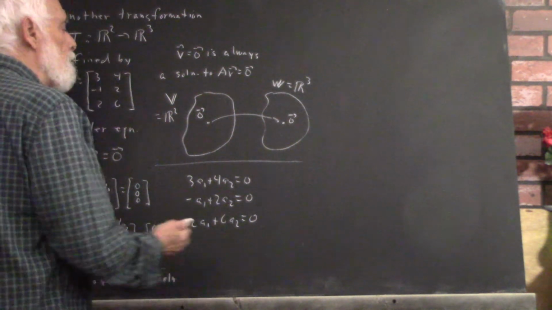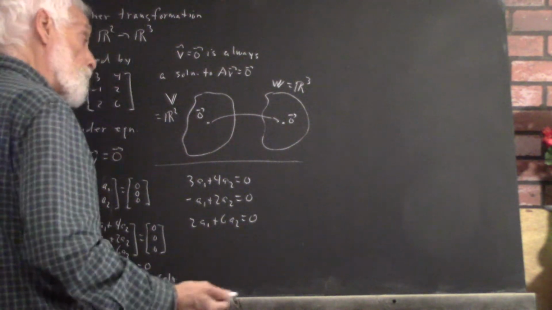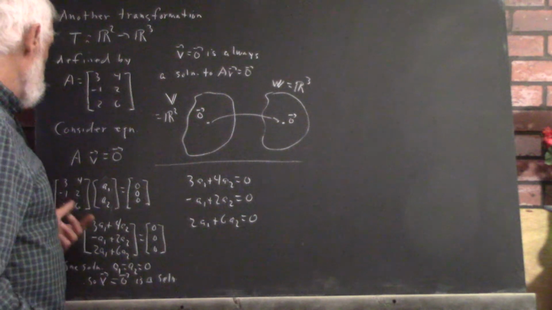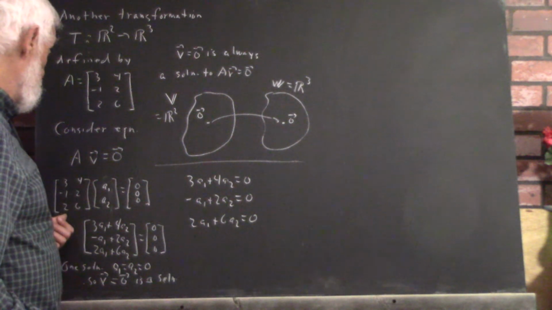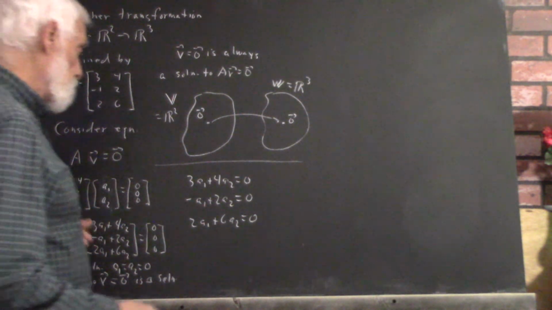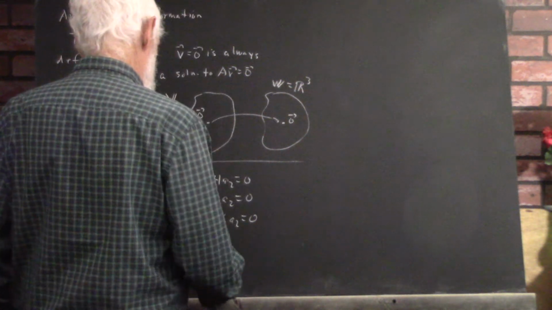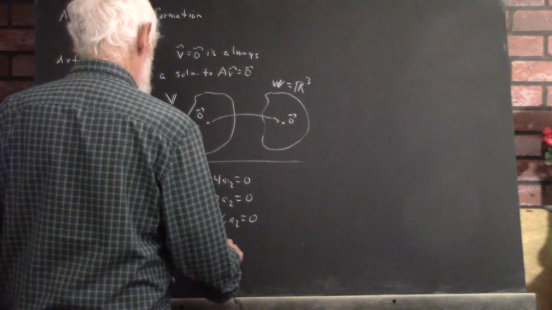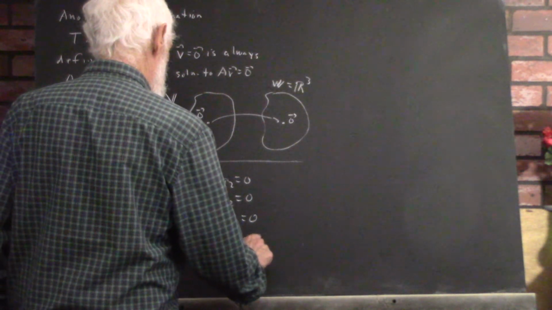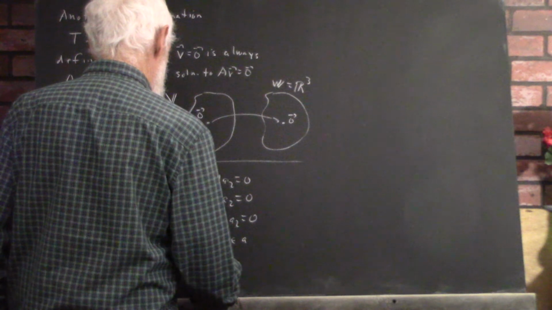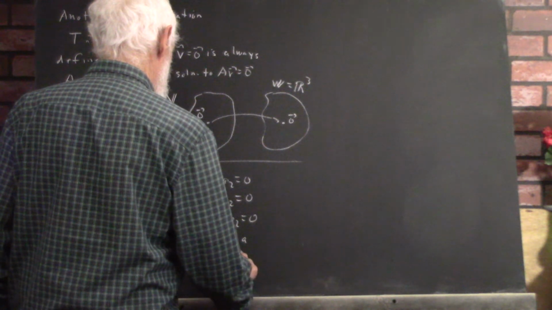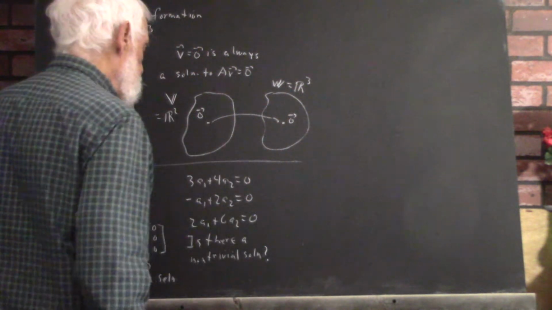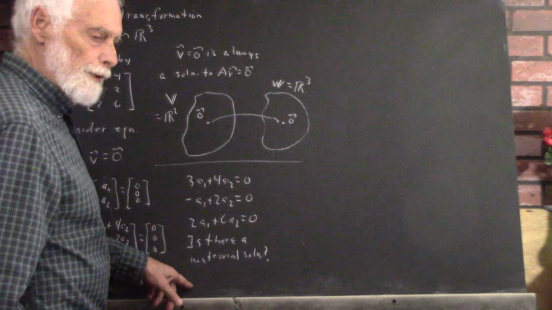Okay, well, to determine whether they could all be satisfied, we can come back to the matrix and try to row reduce the matrix. Okay, so the question is, is there a non-trivial solution?